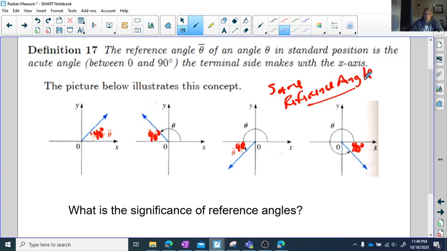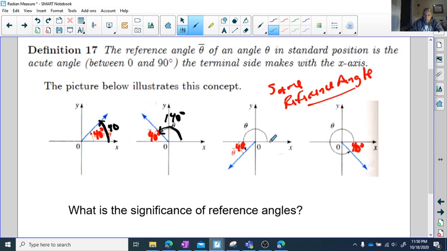Now, we're going to find out something about this and say, well, is there anything unique about that? Well, let's get the actual measures of these angles. This would be 40 degrees. Remember, angles are always measured from x around to the terminal arm if you're going positive. So if I looked at this angle on this side, and that little angle there is 40, we know that the whole thing's 180. So if we took 40 out, this angle we're talking about is 140. This is 180 to get to here.